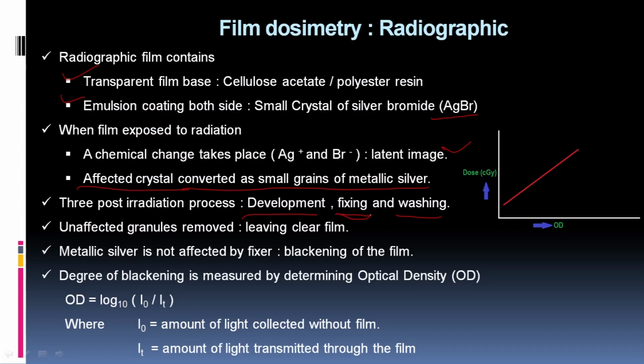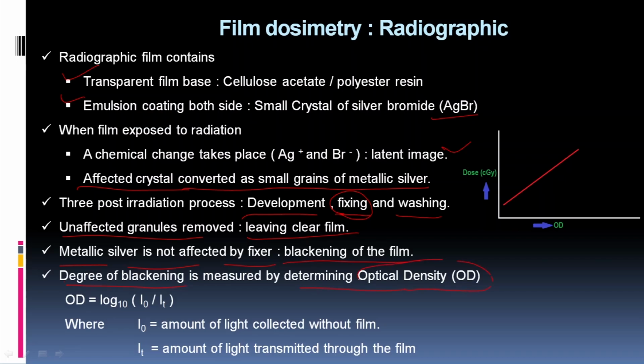During the fixing process, the unaffected granules, the part that was not affected by radiation and did not receive a certain amount of radiation, are removed, leaving clear film, and the metallic silver is not affected by the fixer, it stays there, and it causes the blackening of the film. The degree of blackening is measured by determining the optical density.